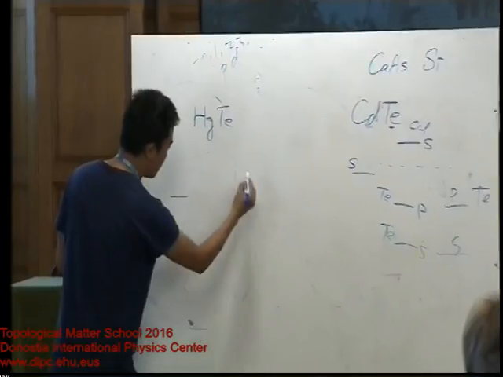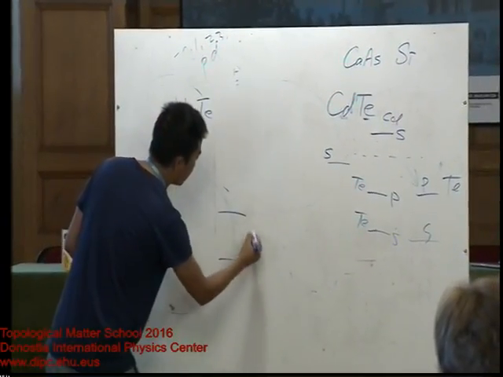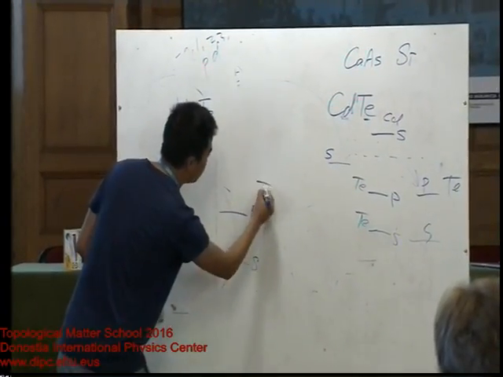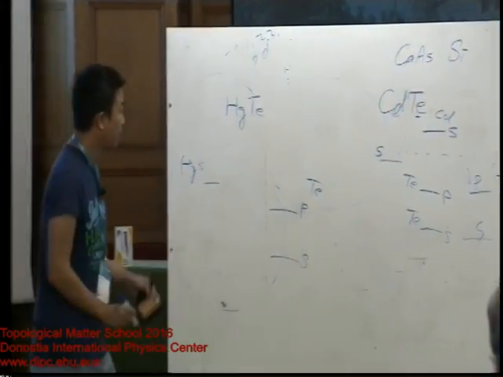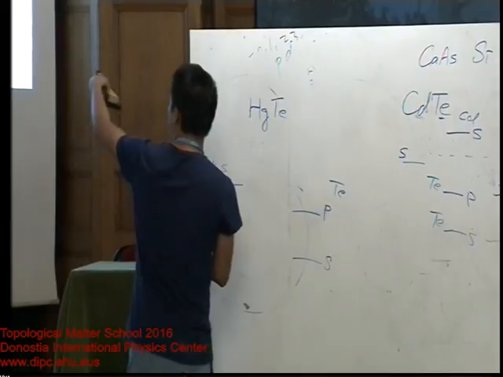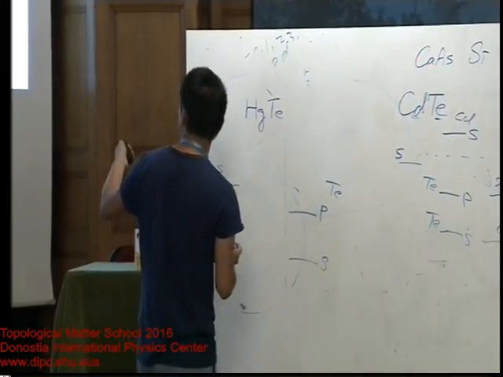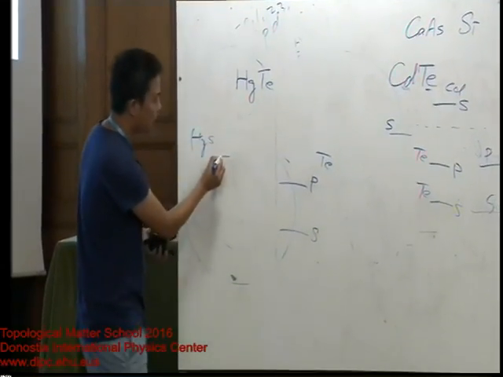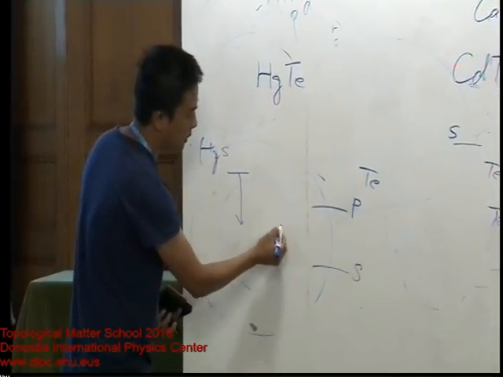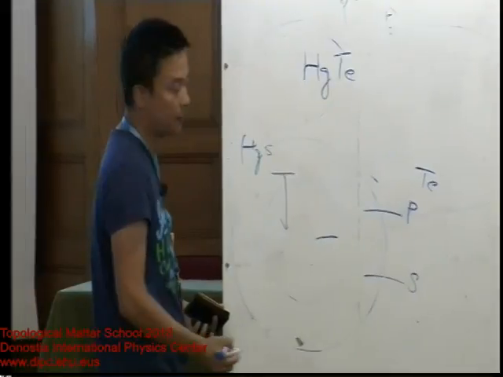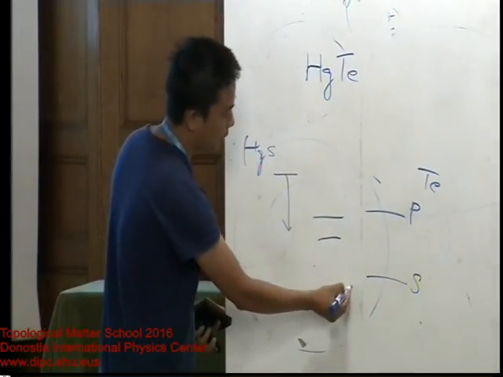What will happen for mercury? As I said, suppose this is the beginning: tellurium p, s, mercury s. Just because of this s orbital contraction, this s energy will be much lower. Actually, its energy will reach here. And then we have p orbital here, s orbital here.